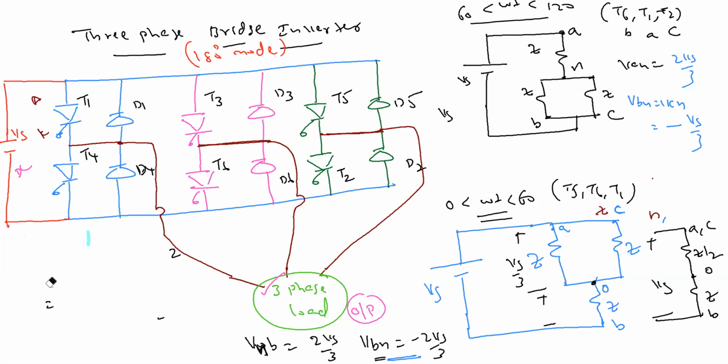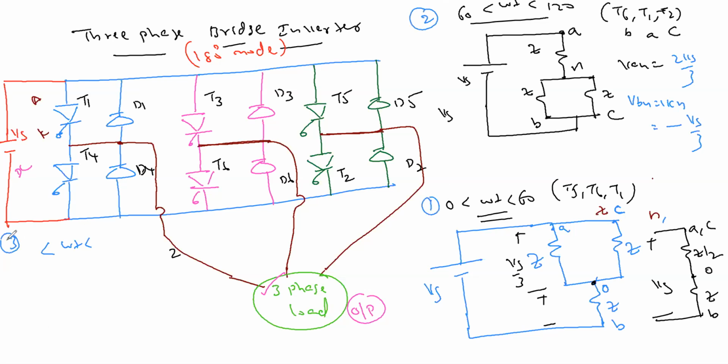But what is the voltage? A phase, B phase voltages. So I was saying here now, as you guys mentioned, omega T is, this is 1, 2, and 3. 120 to 180.